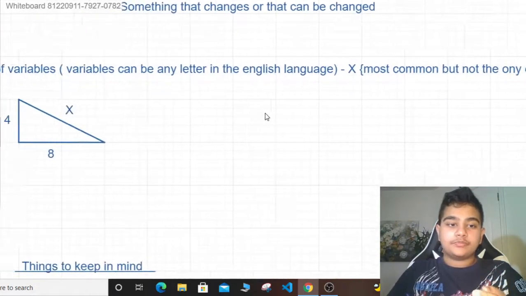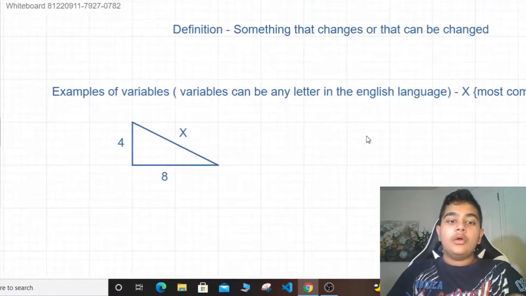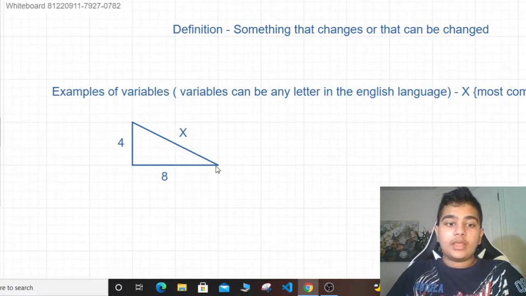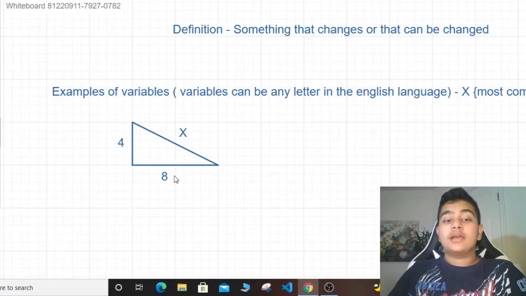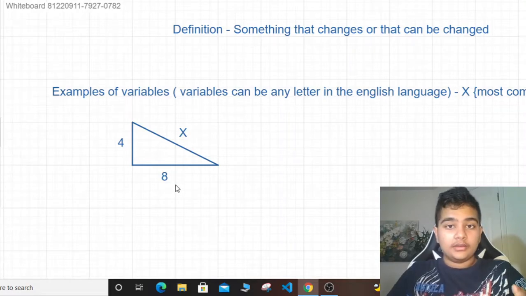So let's see. We have a triangle here, and we see that there are 3 sides, and 2 of the sides have a numerical value and 1 of them doesn't.